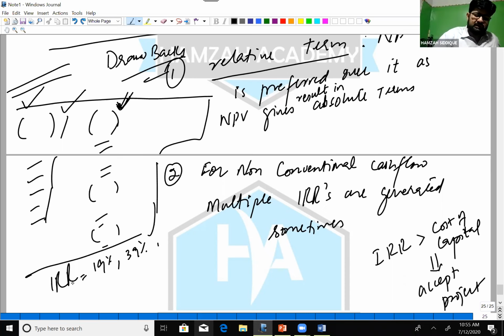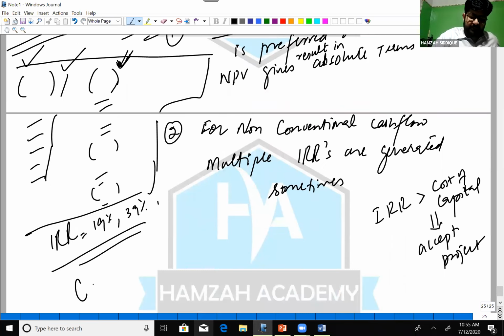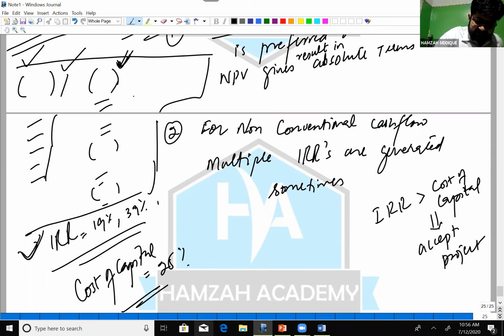Now, students, if cost of capital is 25%, now tell me whether we should accept this project X or not, for which we have got these IRRs.